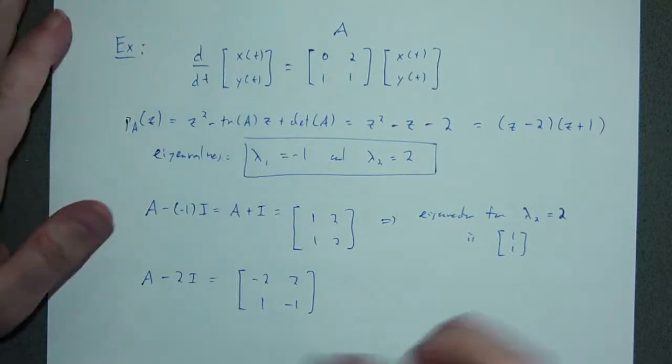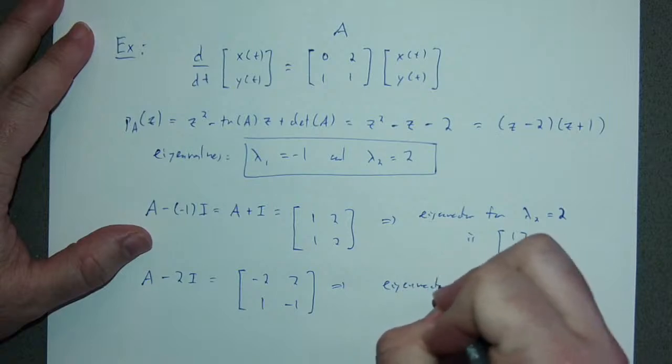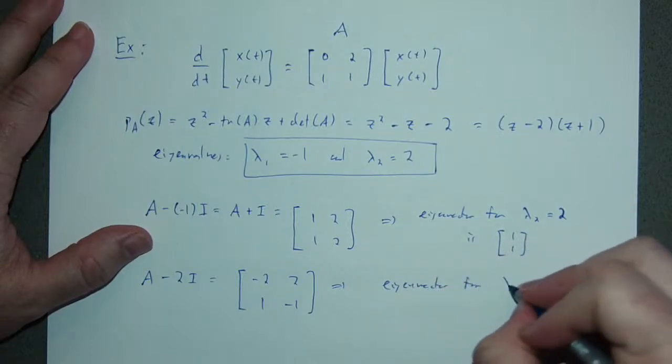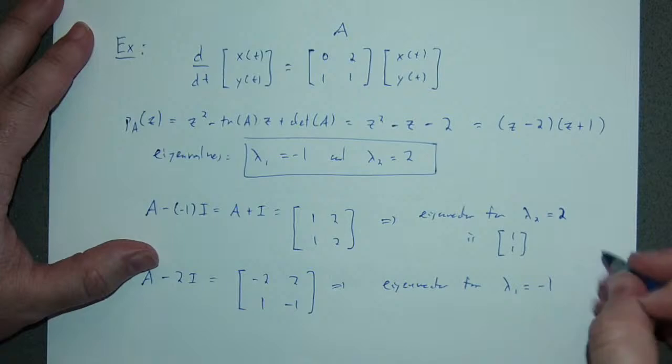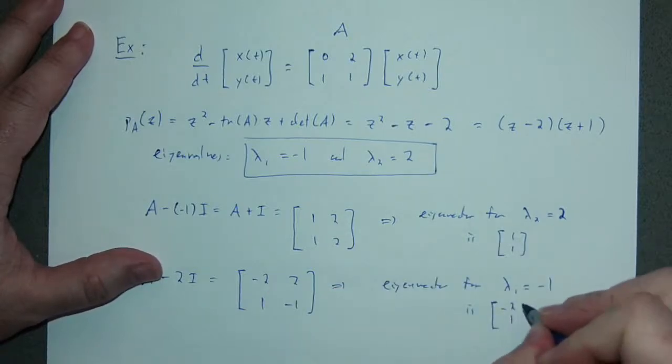Okay, so that implies that an eigenvector for lambda 1 equals minus 1 is, you just take the first column, minus 2, 1.